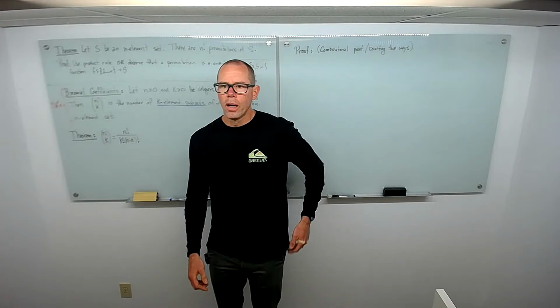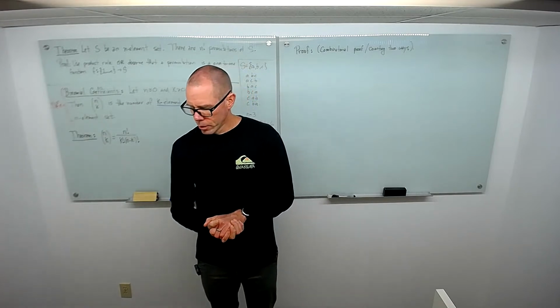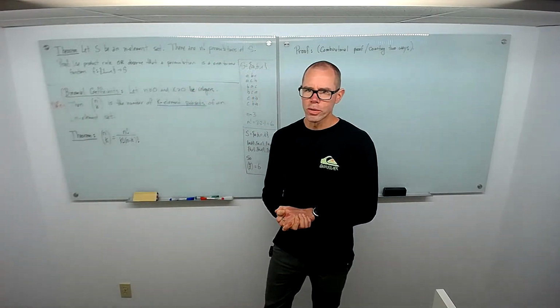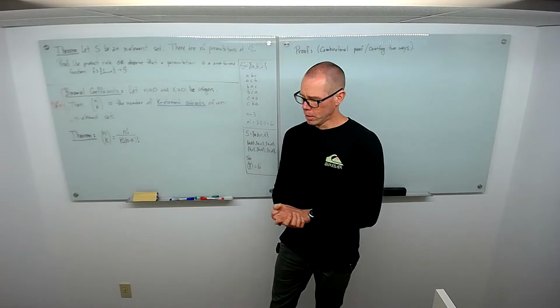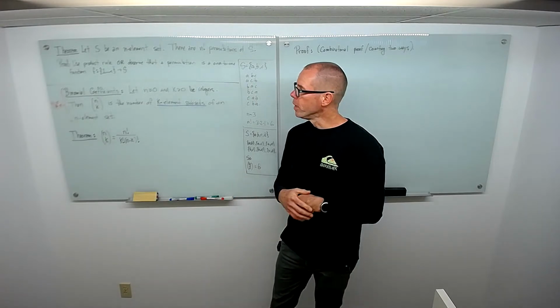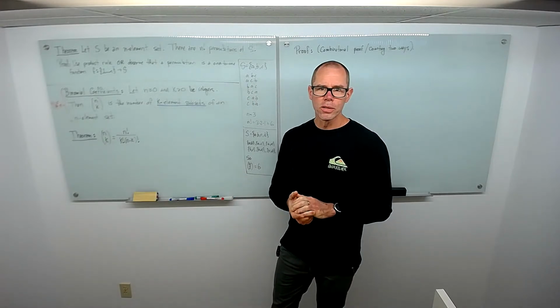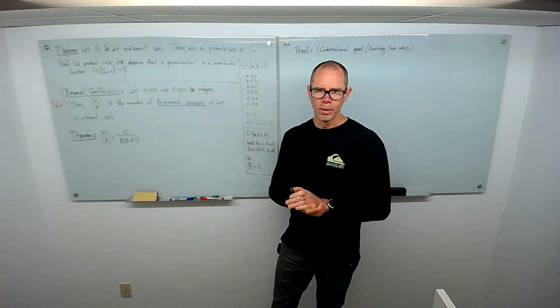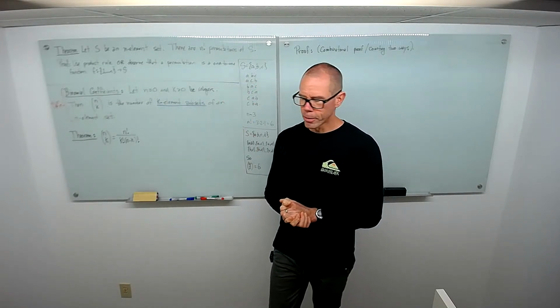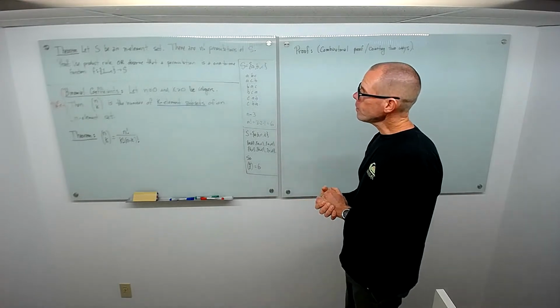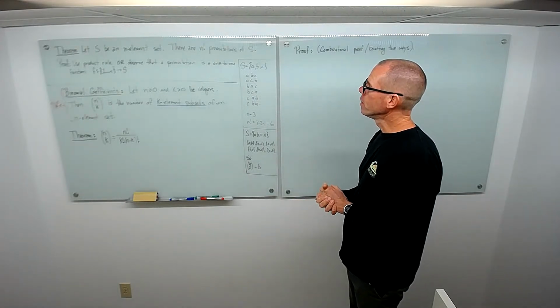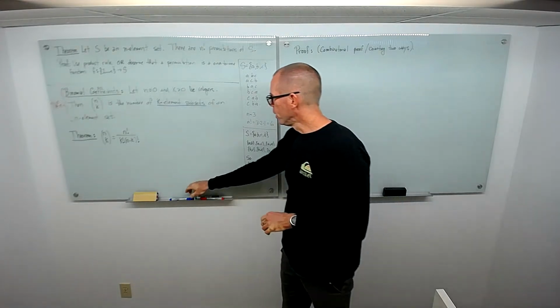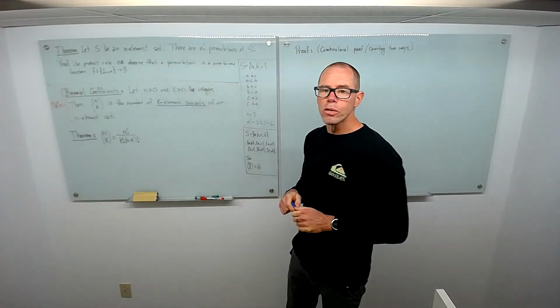Okay, so since there seems to be no more pressing questions right now, I'll start a minute early, just because there's a little review section on the board here. So remember, we've seen this factorial notation, n factorial.